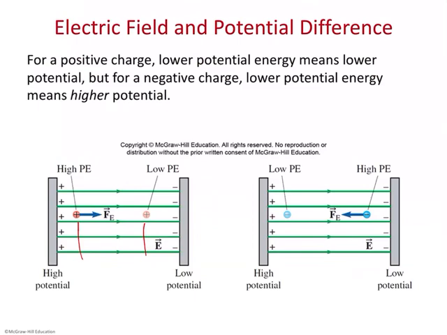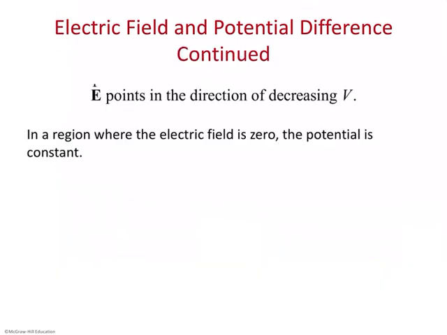It would be like if we were looking at gravitational potential energy, the change of heights, height initial minus final or something, two different heights. Right, so the electric field points in the direction of the decreasing voltage. So in a region where the electric field is 0, the potential is constant.